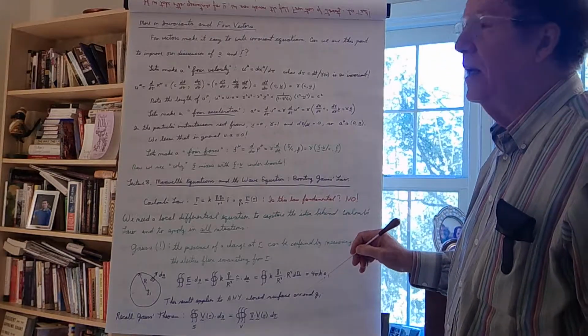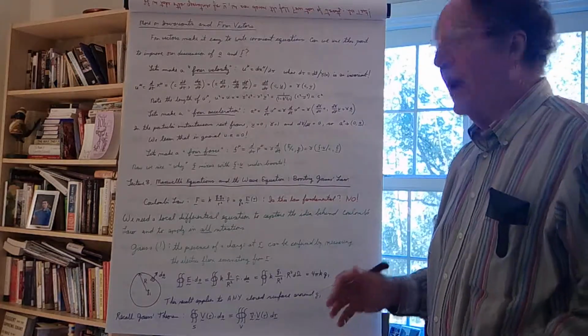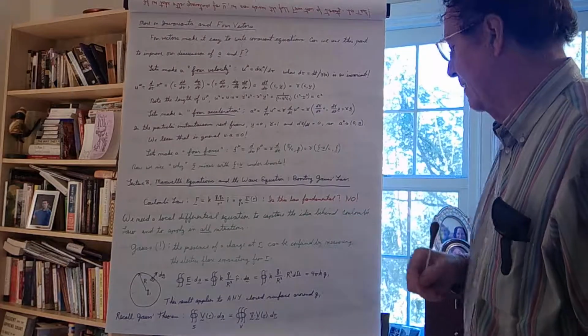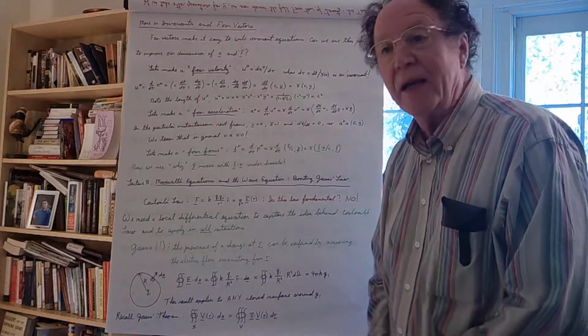So it's the divergence of V integrated over the entire volume, and you might write that as dx dy dz, or d3r, whatever notation you like. That's Gauss's theorem, and that's a mathematics theorem.